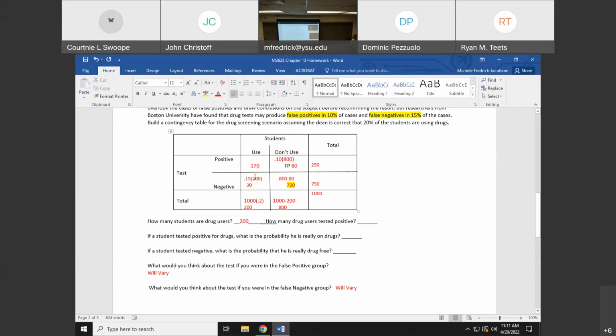This is positive, 170. If a student tested positive for drugs, what is the probability he is really on drugs? So if they tested positive, it goes across, and that they use drugs, 170 out of the 250.